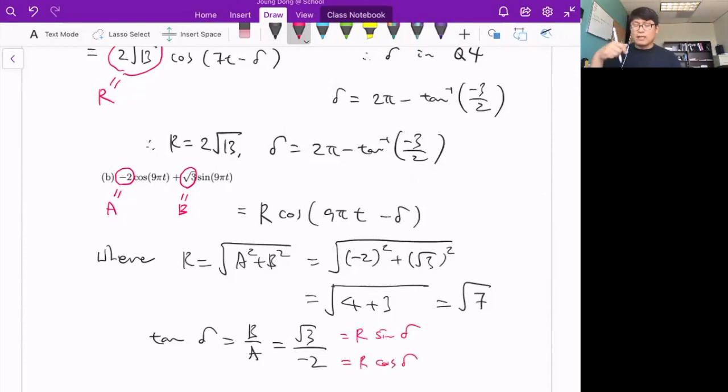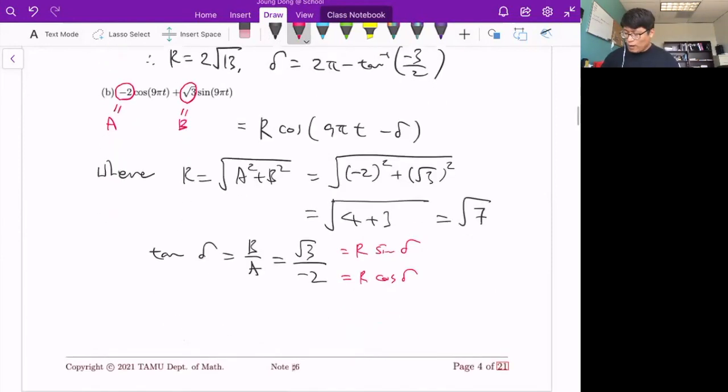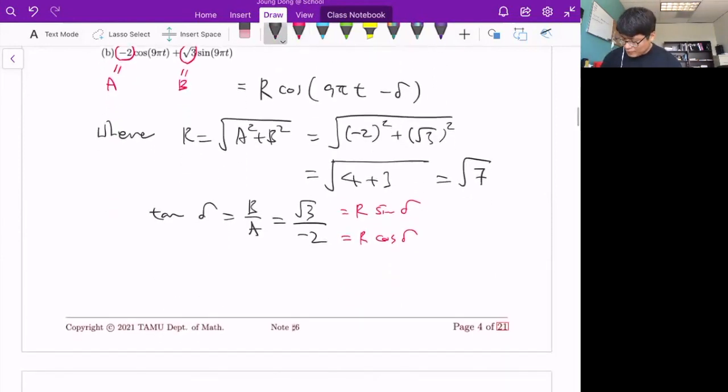Sine delta is positive, which means delta must be in the first or second quadrant. And cosine delta is negative, which means delta must be in the second or third quadrant. The intersection is the second quadrant, so my conclusion is that delta must be in the second quadrant.